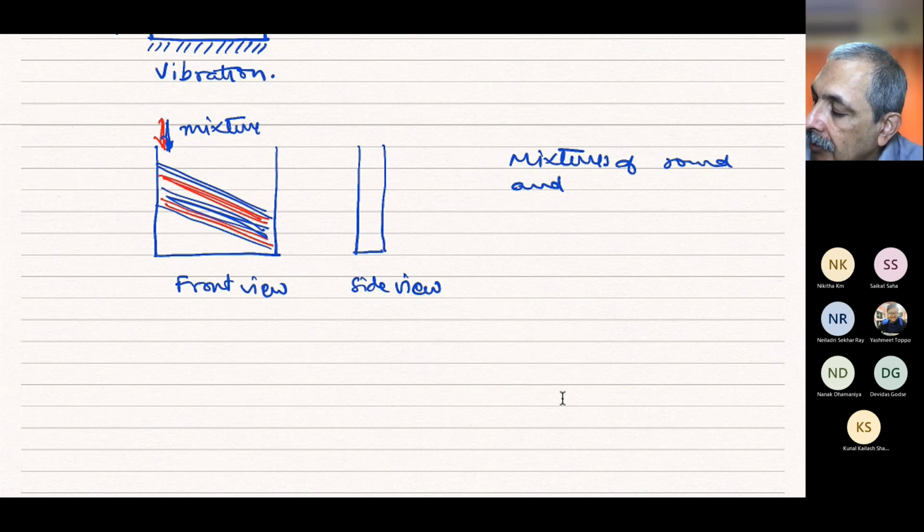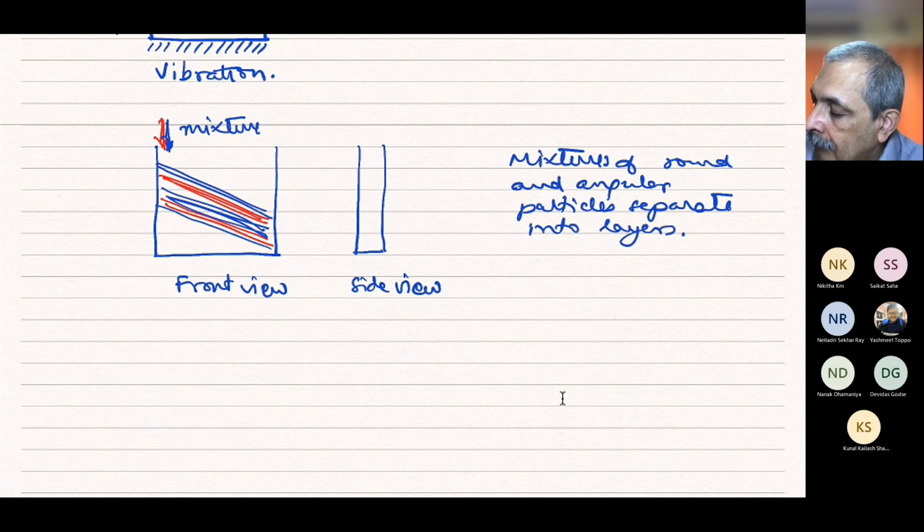Usually one of the particles is round and the other is angular. So this is driven by differences in angle of repose.